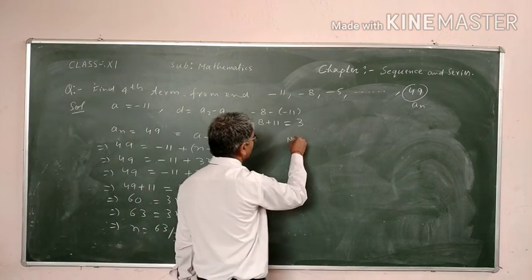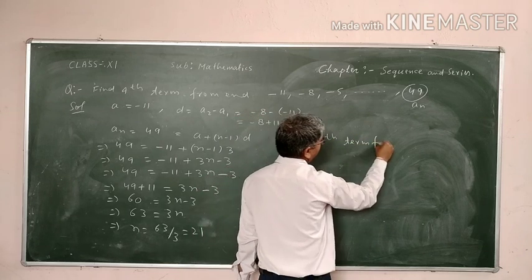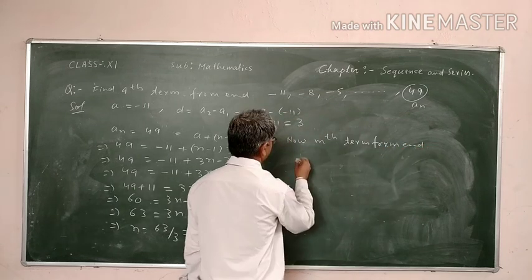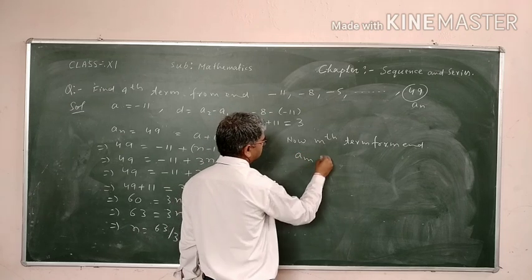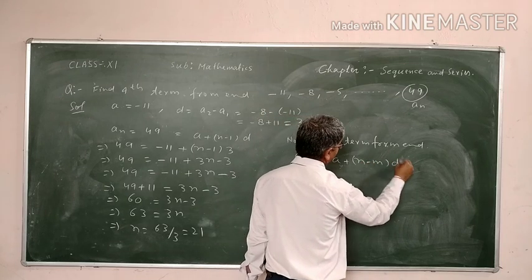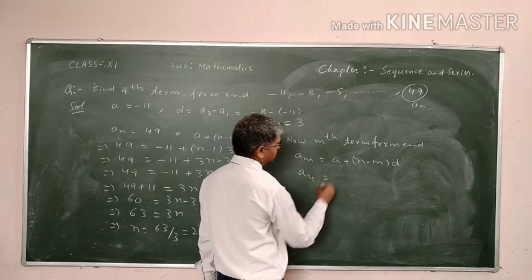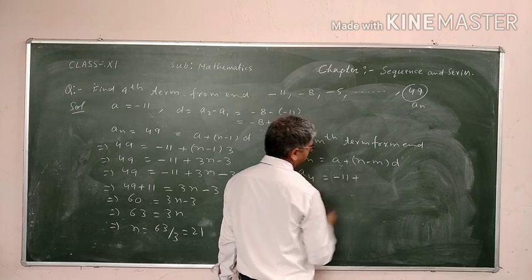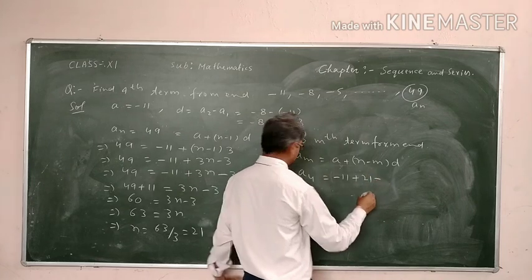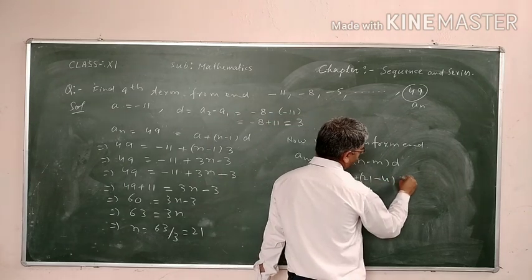Now the mth term from the end: am is equal to a plus n minus m into d. So we have to calculate the fourth term. So a4 is equal to, what is the value of a? Minus 11 plus n, already calculated 21, minus the value of m, 4, bracket close, and d is 3.